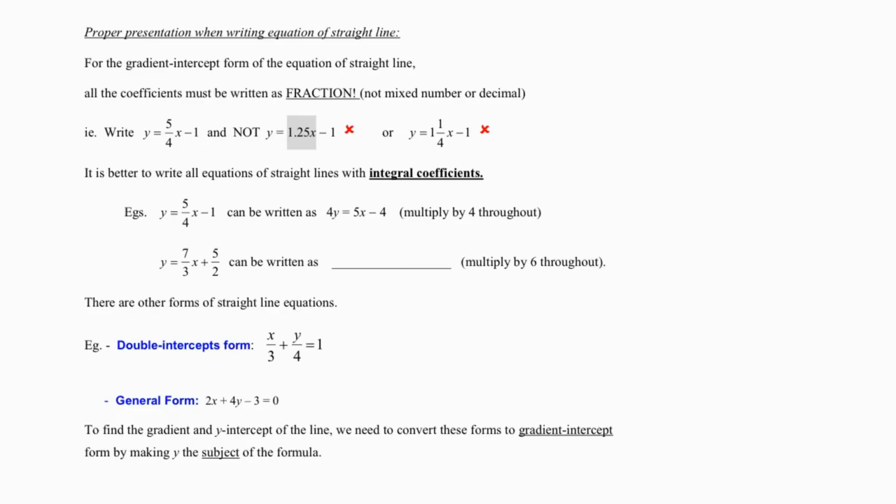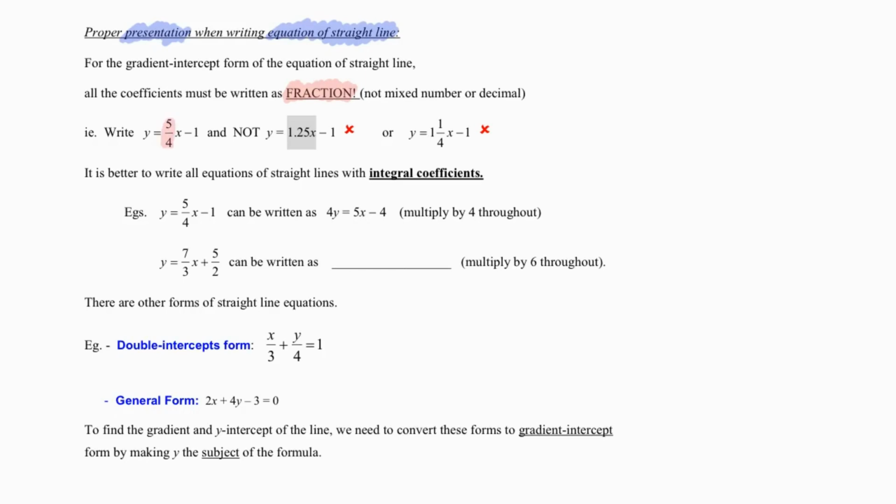Alright, let's discuss a little bit about how to present nicely when we are writing the equation of a line. At least for the gradient intercept form, all coefficients must be written as a fraction, meaning the number in front of x.